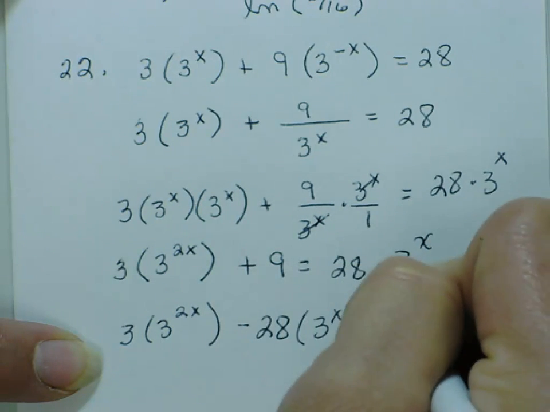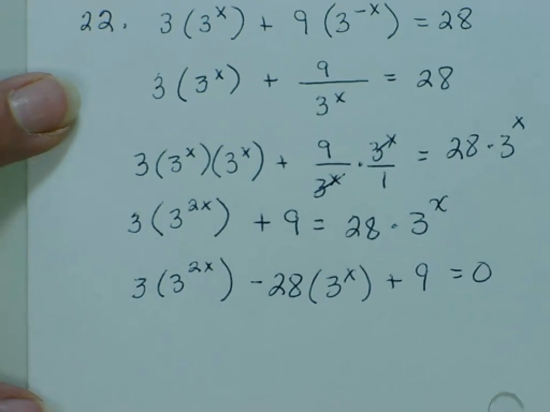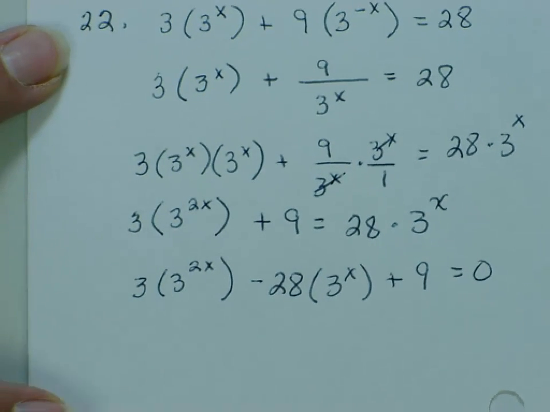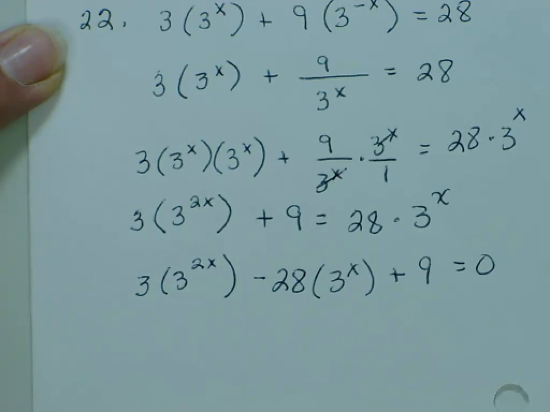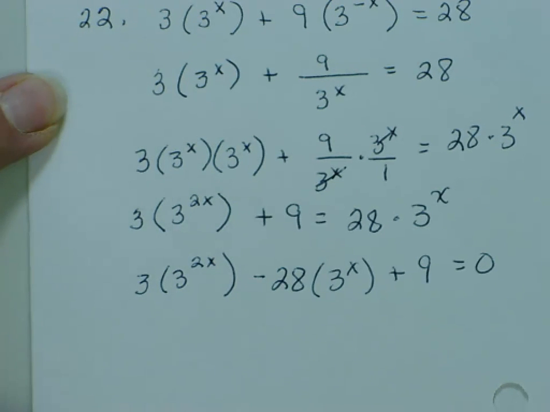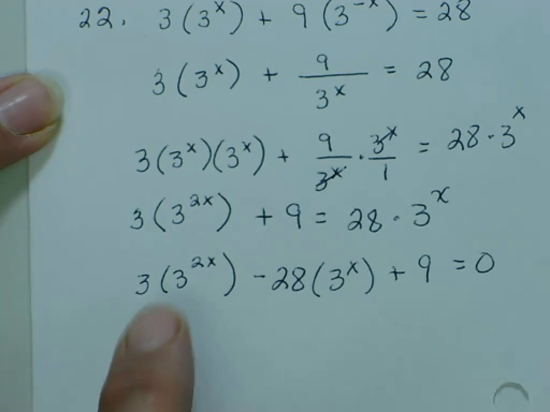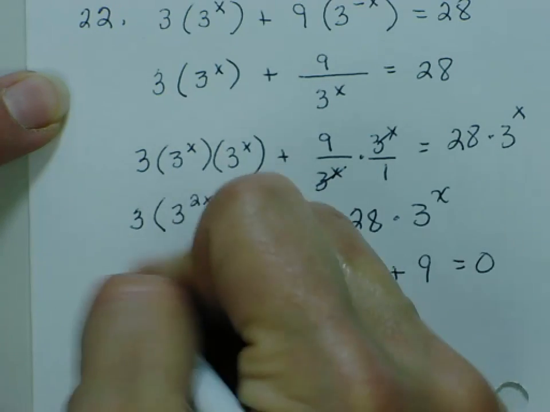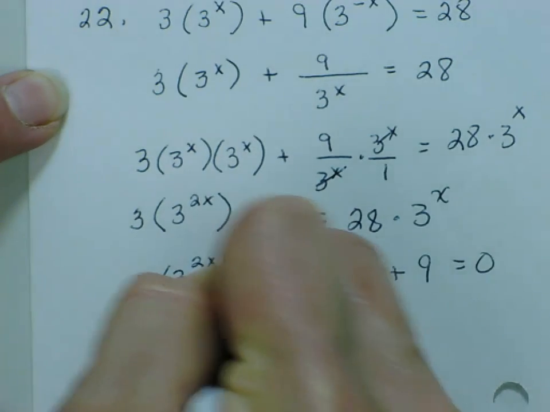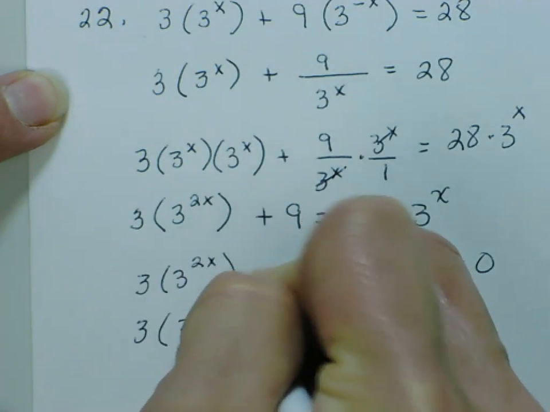When I do, it's starting to look vaguely like something I do know how to do. Yes, this is like a quadratic equation because that 3 to the 2x, if I needed to, I could write it as 3 to the x squared.